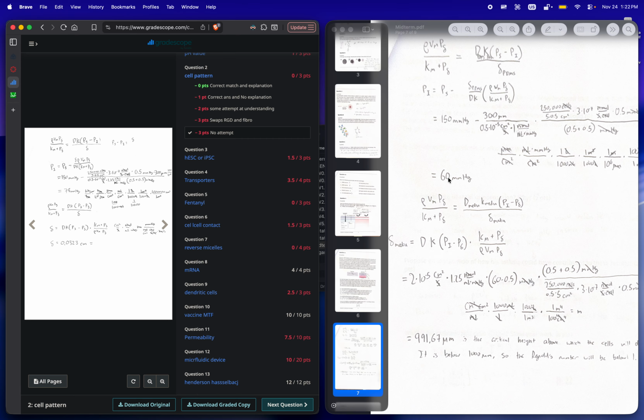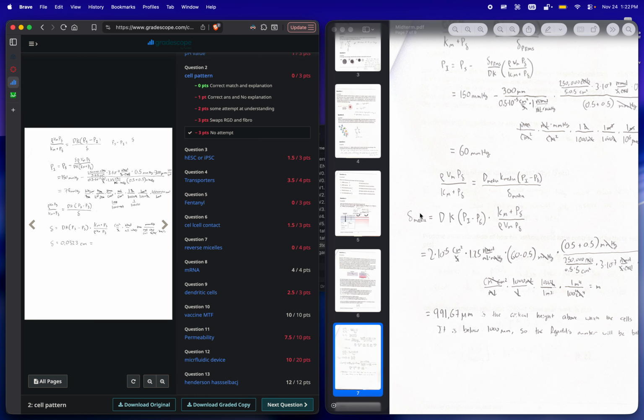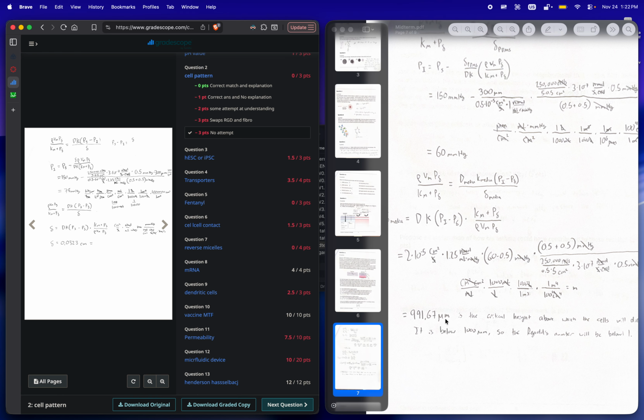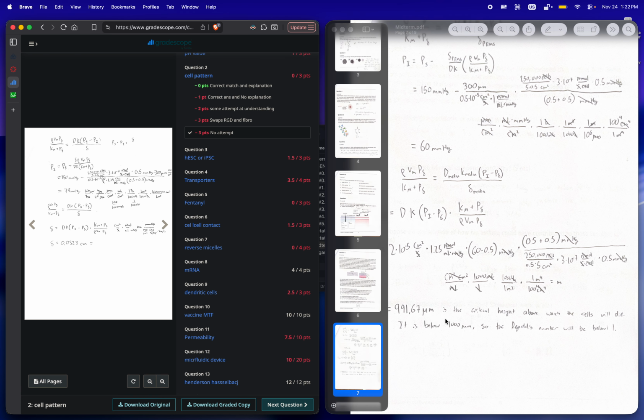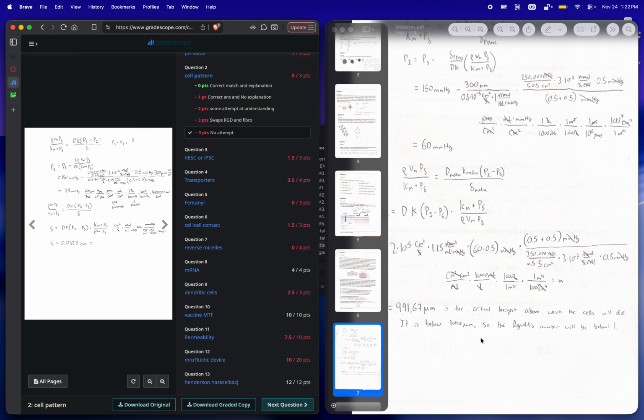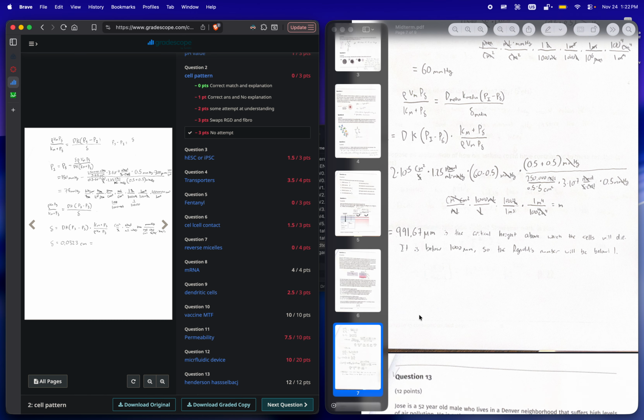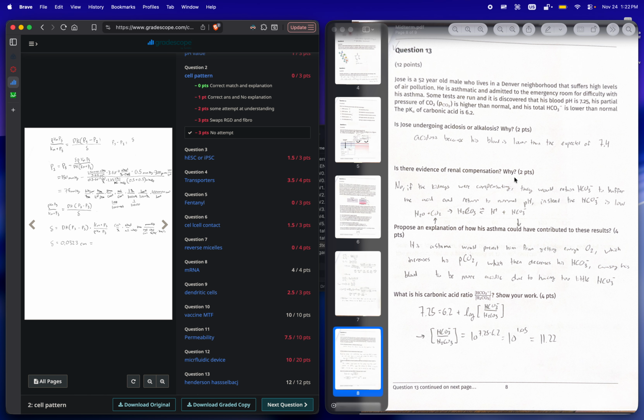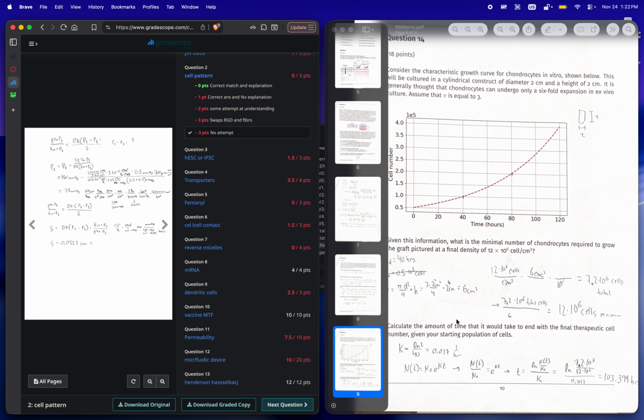Here, I used all the right values, so I got 60, and I rearranged and solved for the height of the media, and I got 991 micrometers, which is below 1,000, to keep the Reynolds number below 1, so this would be an appropriate height. For this one, I got it all right, so I'll skip it.